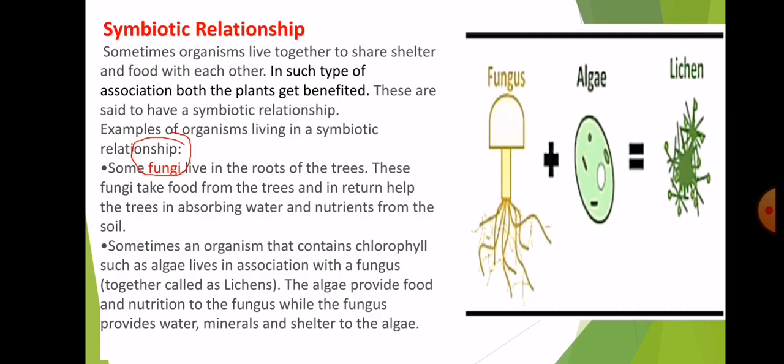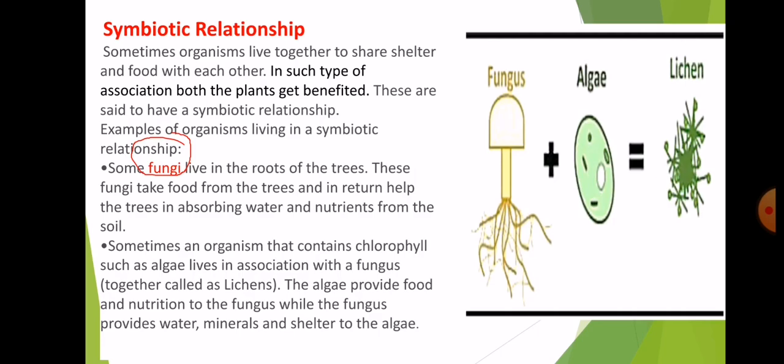In return, the fungi help the tree in absorbing water and nutrients from the soil. So in this way, both the organisms are benefited. Fungi take food from the trees, and in return help the tree in absorbing water and nutrients from the soil.